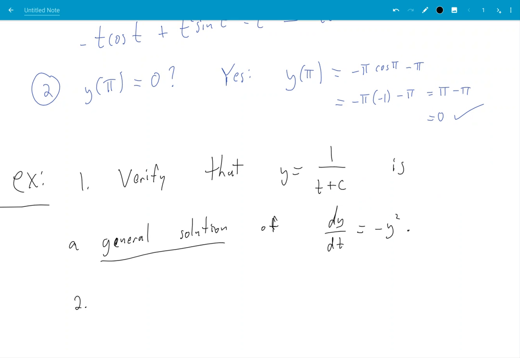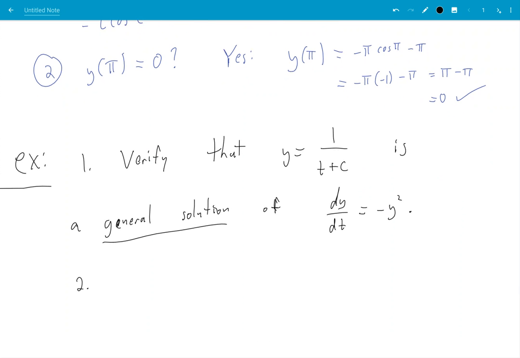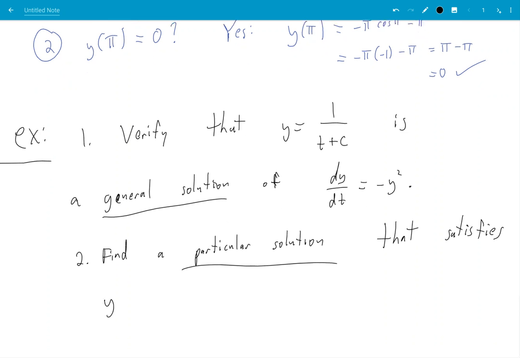And then part 2 will be to pick out or find a particular solution that satisfies y of 0 equal to 0.5.